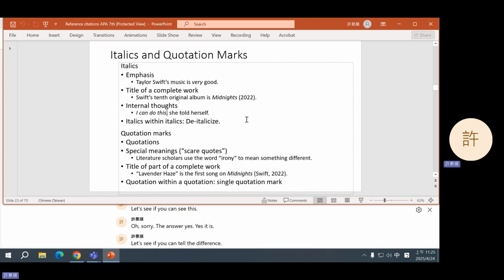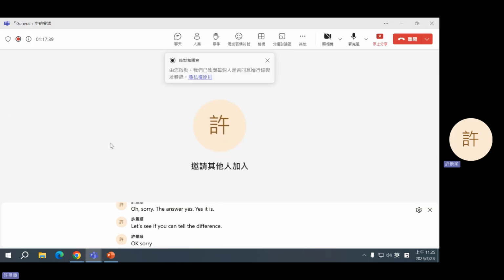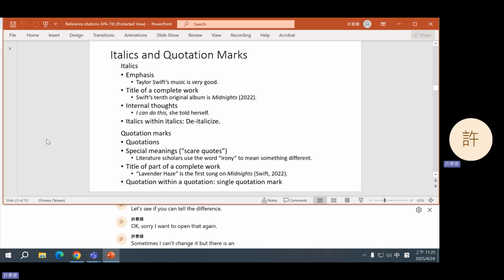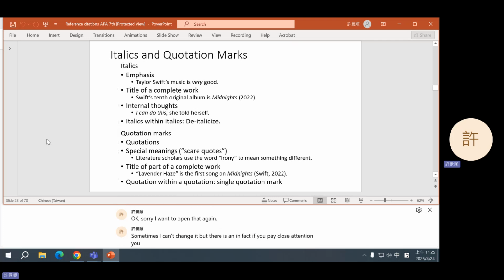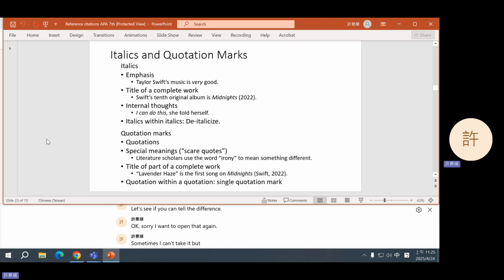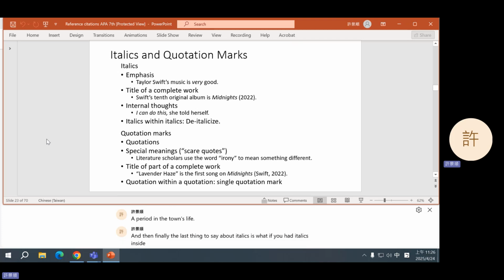Okay, sorry, I wonder what that is. So I can't change it, but there is a difference. In fact, if you pay close attention, you can even tell whether a period is italicized or not. Pay attention.